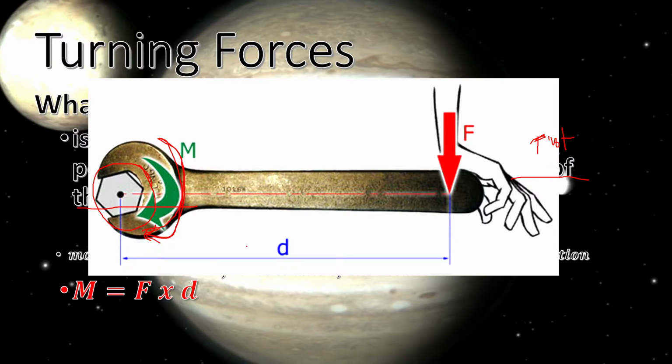You have here the force going perpendicular to the pivot point, and in this we have a perpendicular distance. So that's how you will get the moment.